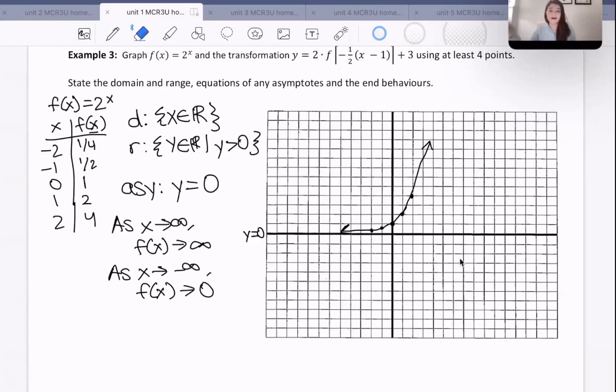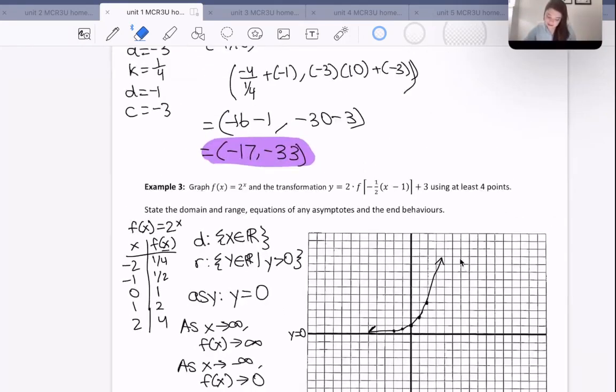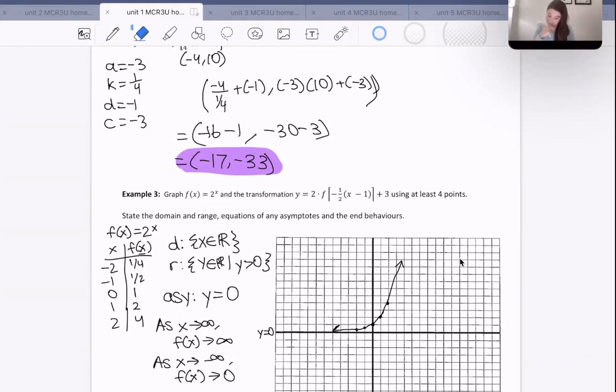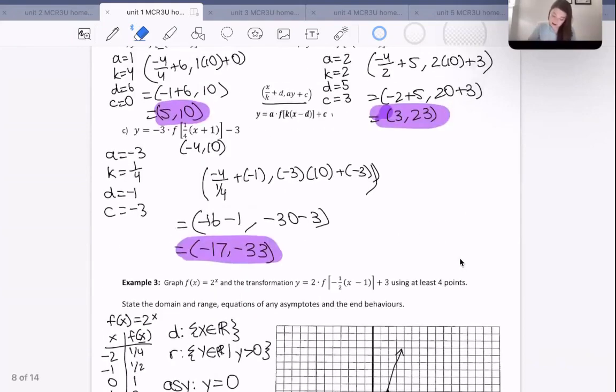So all that work, I know, and we still have the transformed version of the function to do as well. So let's do that. So what are the transformations here? Well, instead of listing the transformations, it doesn't actually ask us to do that. I'm just going to write down what are a, k, d, and c. So a is equal to 2, k is equal to negative a half, d is equal to 1, and c is equal to 3.